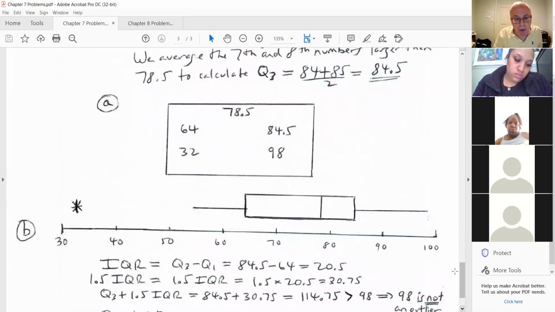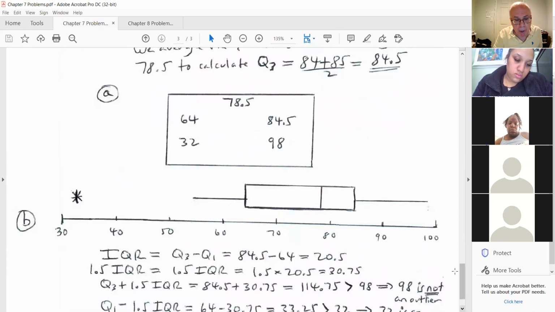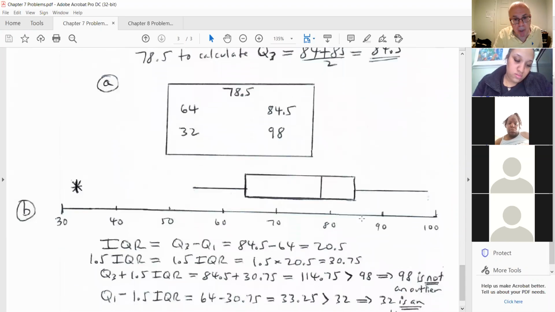Then you create what's called a box plot. A box plot is a visual display of the 5-number summary. The way you draw it is you draw a number line that goes from the smallest to the largest. Here I just started with 30 and went up to 100.